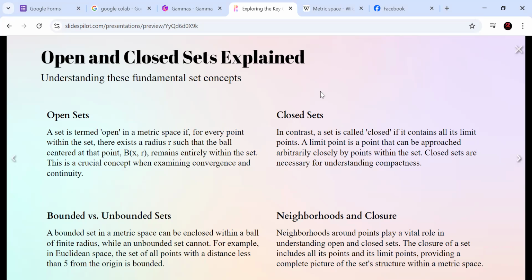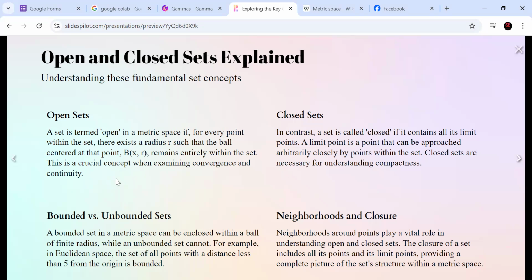अब बॉल जो है वो B of x, where x is the center and r is the radius. रेडियस यानी एक्स नॉट जो होगा सेंटर होगा, आर जो है वो हमारे पास रेडियस होगा, remains within the set. This is a crucial concept that explains convergence and continuity.